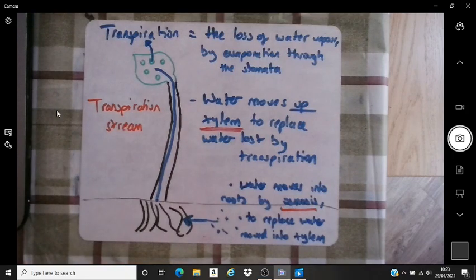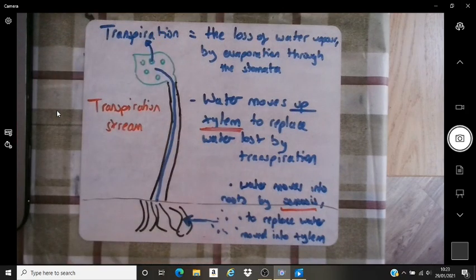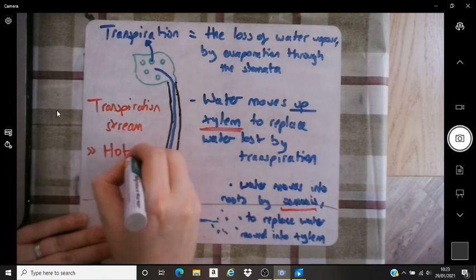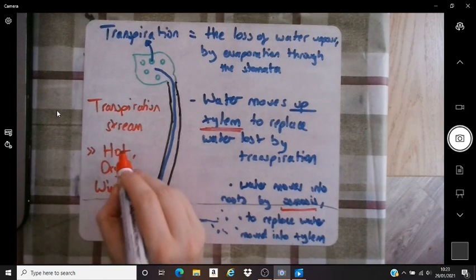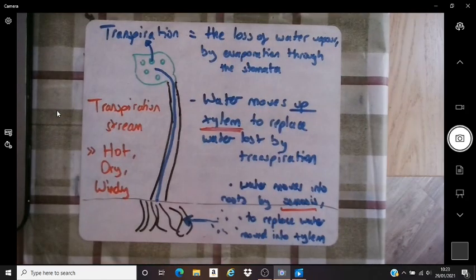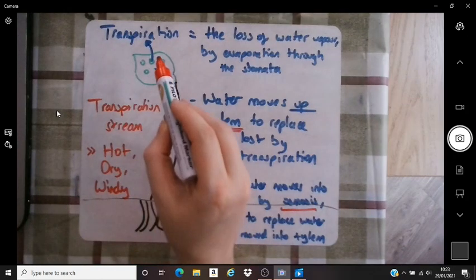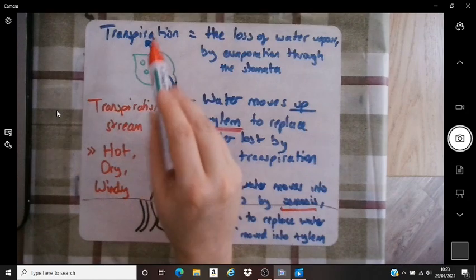And water will only move if this top bit happens. So you get loads of transpiration if it's hot, if it's dry, and if it's windy. Because if it's hot, there's going to be more evaporation. If it's dry, there's going to be a greater concentration gradient between water vapour in the leaf compared to outside.